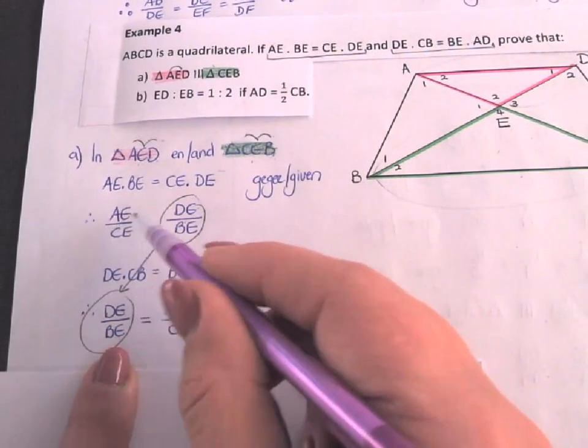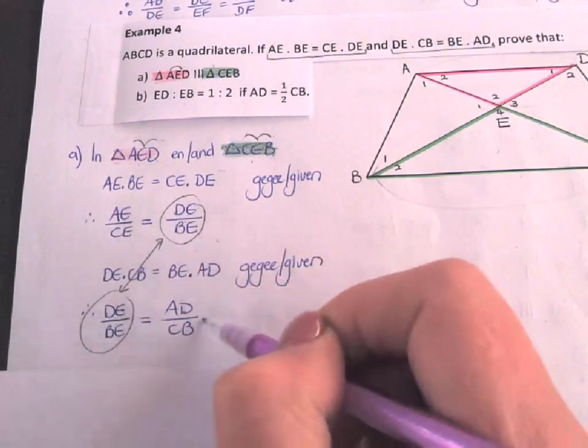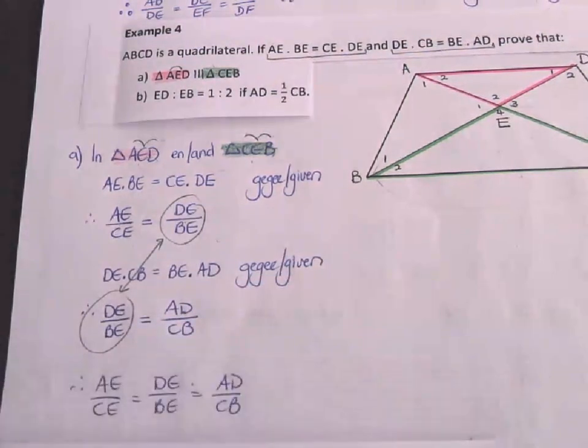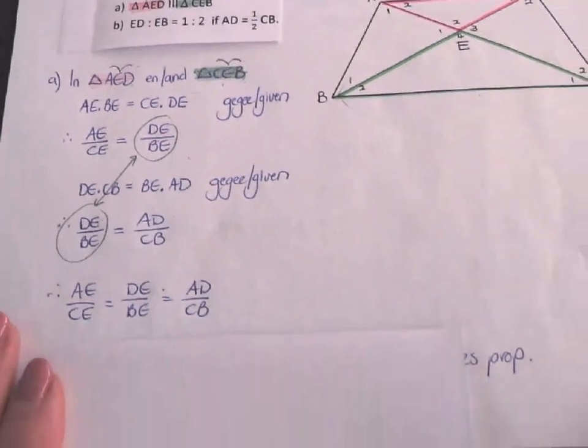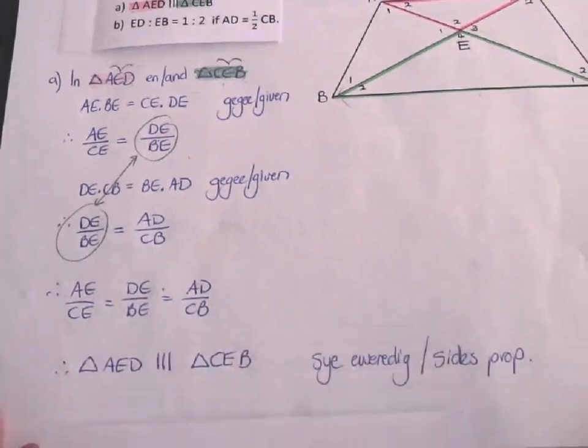Therefore, all three proportions are equal. And what can you conclude then? Similarity, because the sides are proportional.